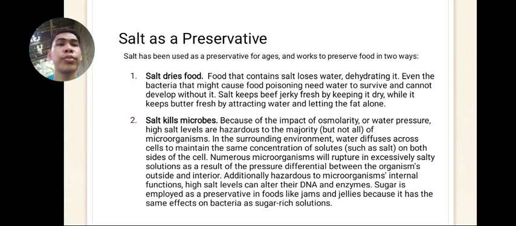Due to the impact of osmolarity or water pressure, high salt levels are hazardous. It kills the microbes' internal functions. High salt levels can alter their DNA and enzymes, which leads to their death.